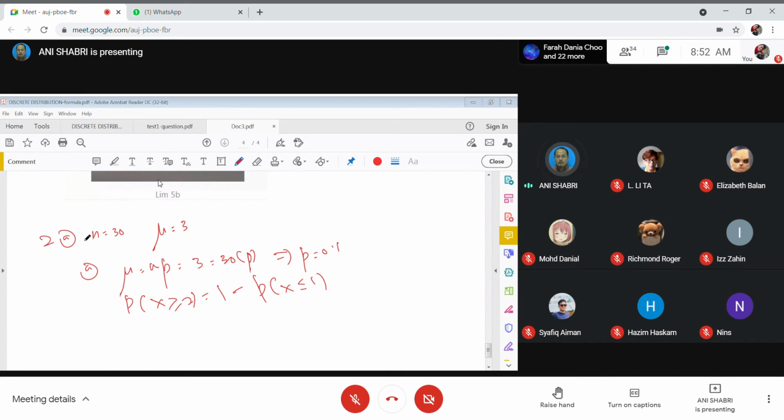And looks from the table, N is 30 and P is 0.1. We can get the answer. If you have the table, you can look the table. 1 is 0.1837.